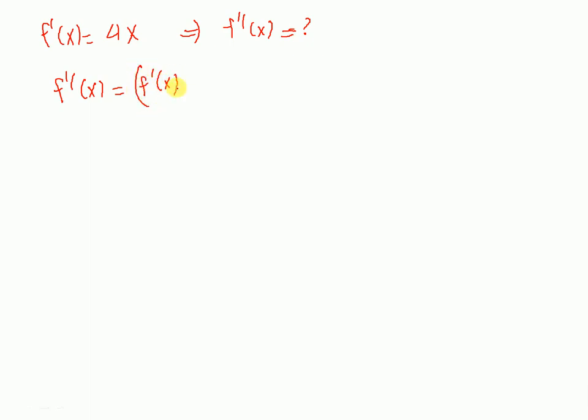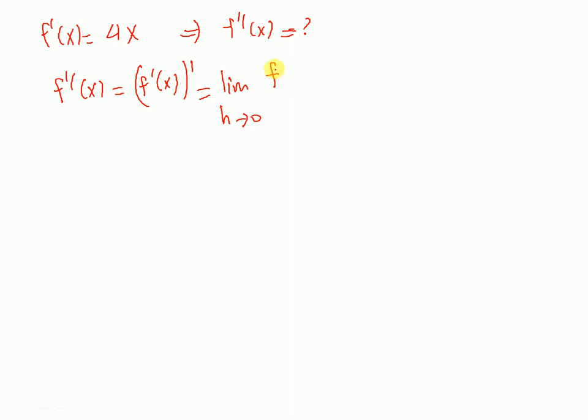Now we have the first derivative being 4x. We are trying to find the second one. The question asks us for the second one. So the second one is basically just the derivative of the first one, right? So this is the limit when h goes to 0. Again, the same thing. If you take the derivative, always take the limit of h going to 0.